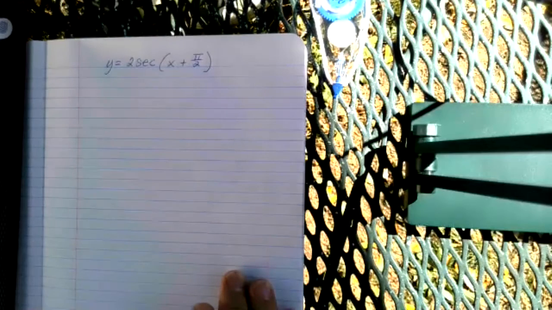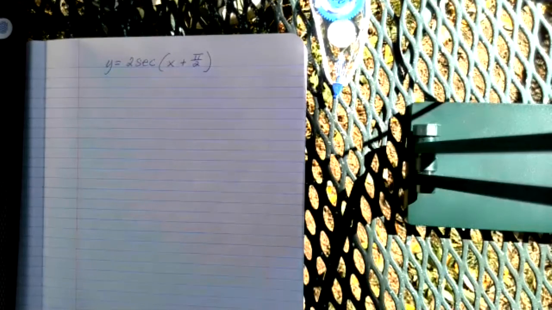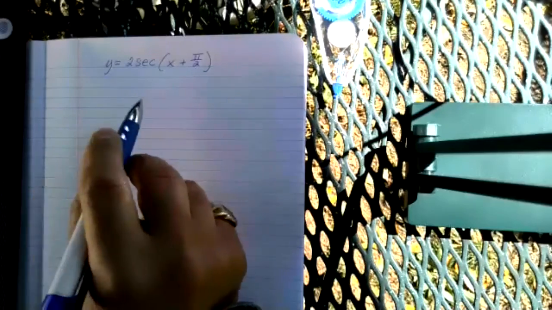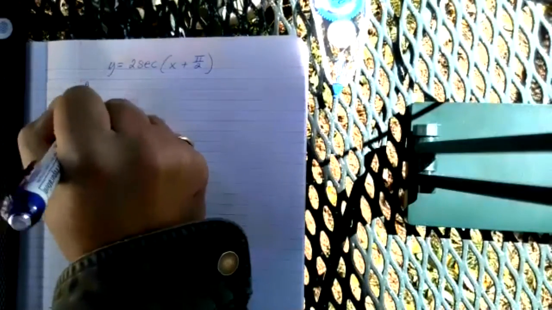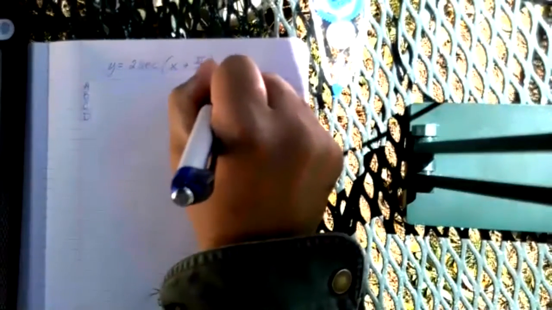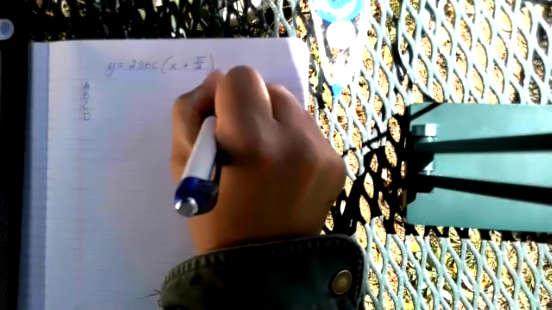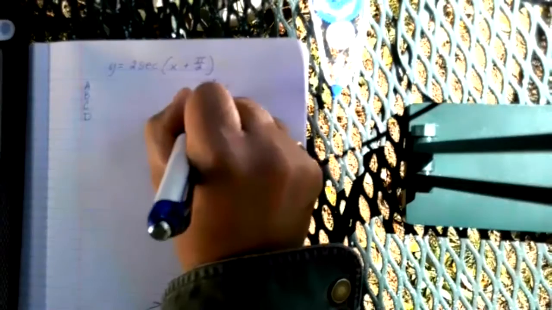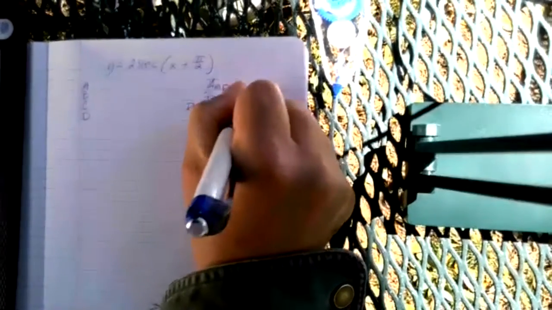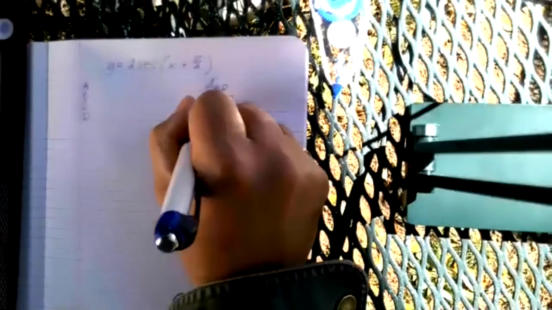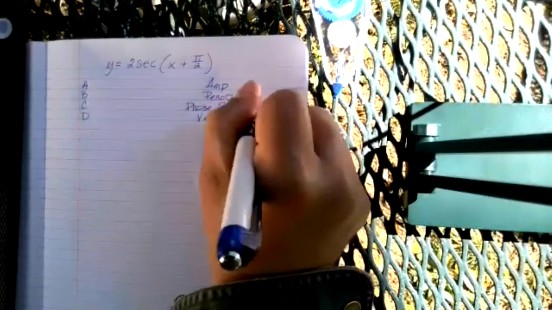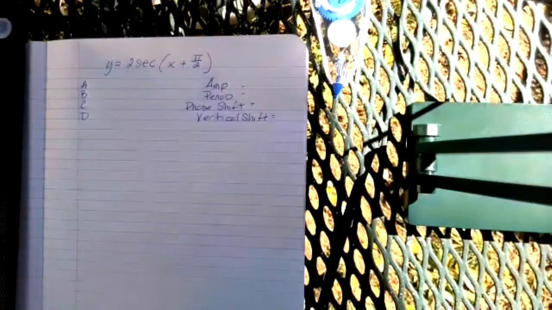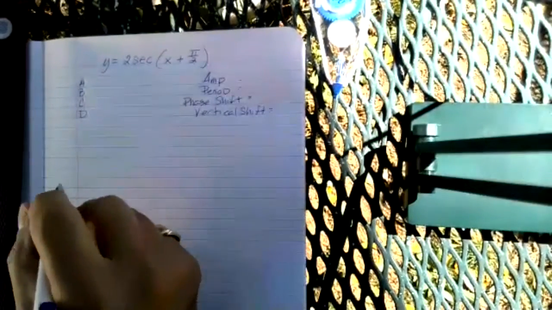So this one's a little bit more challenging. We have y equals 2 secant of x plus pi over 2. So in this case, it looks like we have a phase shift. So once again, I would write down my A, B, C, and D in this case, and my amplitude, my period, my phase shift. And even though I don't see it here, if I had a vertical shift, to begin this, you're going to want to identify those things.